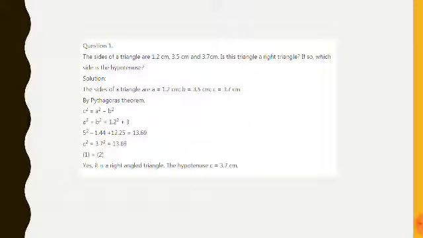C square value, 3.7 square. 37 square value 1369, so 3.7 square value 13.69. Left hand side and right hand side are equal. Hypotenuse C is equal to 3.7 centimeter.